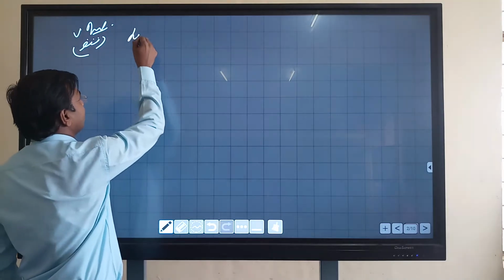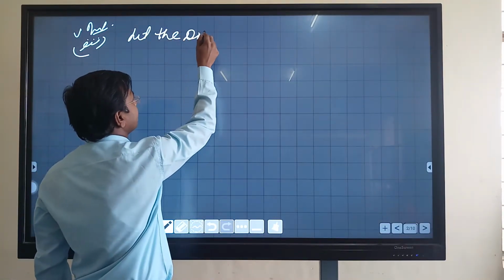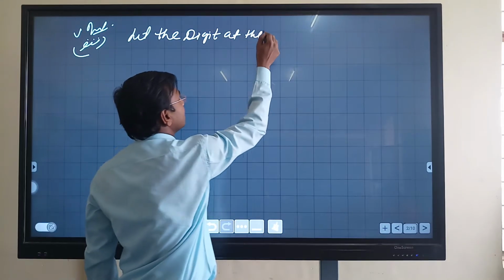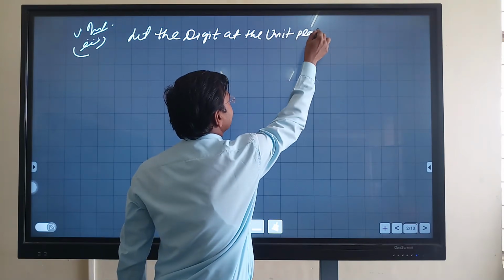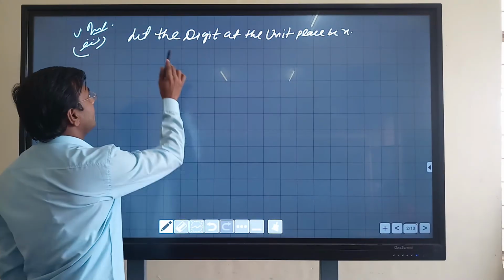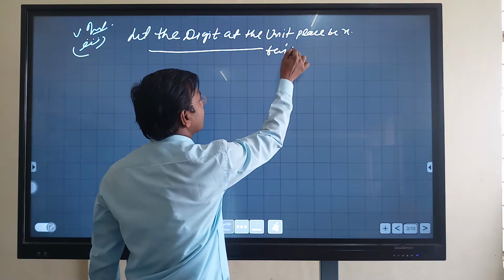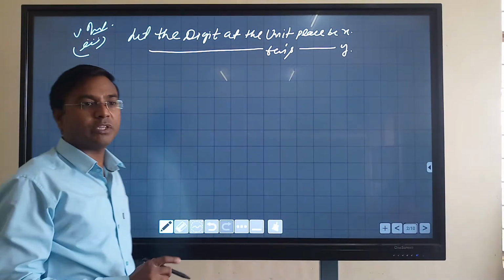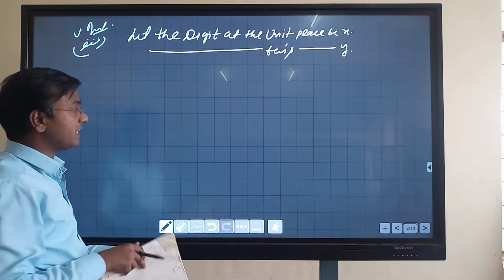So in a two-digit number there are two places. So first of all we have to assume, let the digit at the unit place be x, and similarly the digit at the tens place be y, because in a two-digit number we have unit place as well as tens place, right?